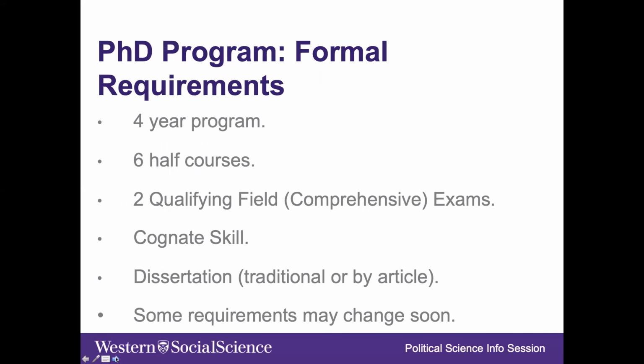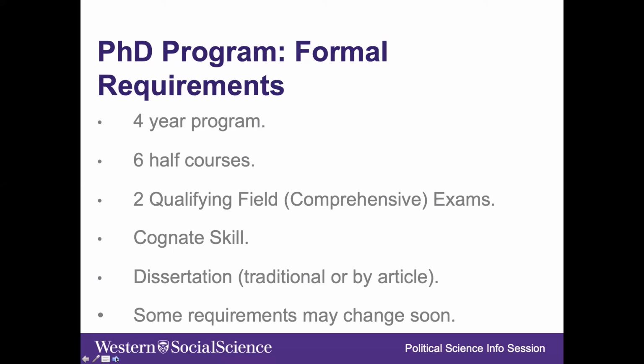So the PhD program here is a 4-year program, and the requirements are as follows. You take 6 half courses in the first year. You have 1 required course, which is our research design course, and then you take 5 other courses. Of those 5, you need to take a core course in each of your fields.